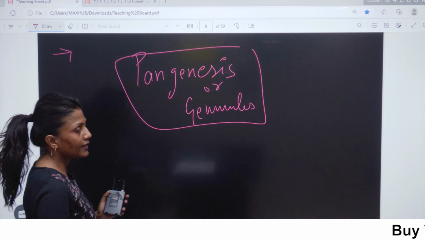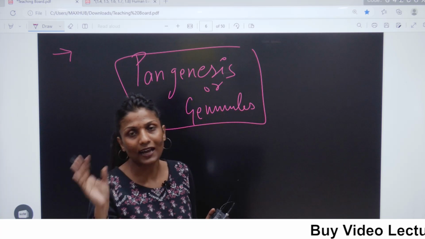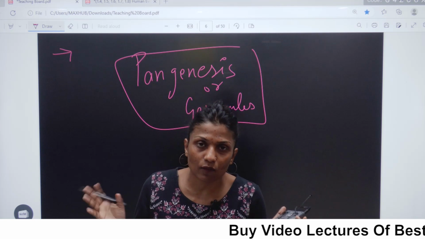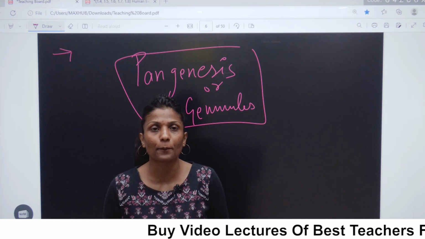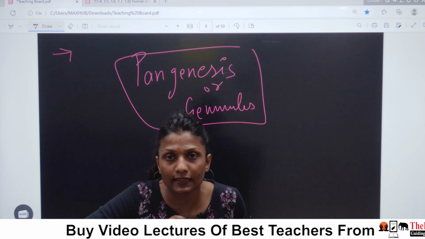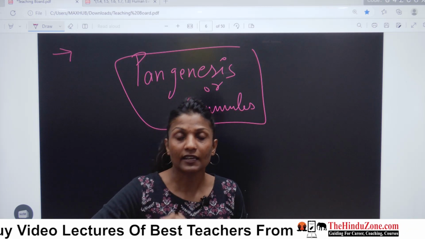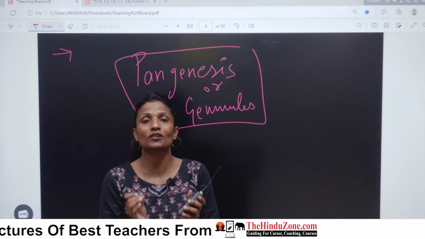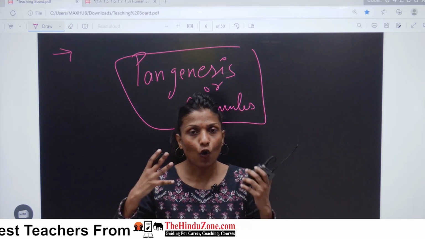This theory simply says, Darwin did not explain how and what. He simply says that every cell in living organisms has miniatures. A miniature is like the coding of all our features.